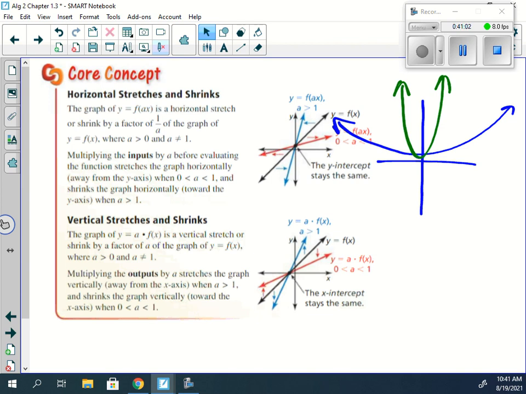Because if I moved it up or down and then stretched it, that value of the stretch will affect the movement up or down. So a vertical stretch followed by a vertical movement, moving it up, will be a different function than if I moved it up and then stretched it. They'll have different values.